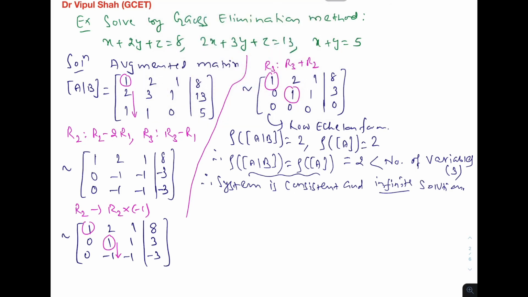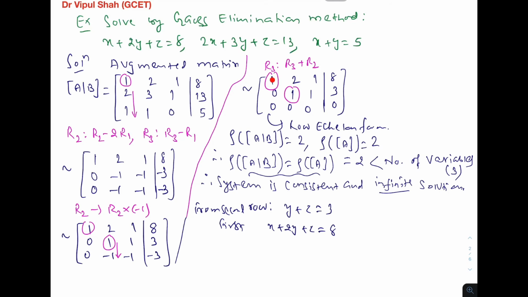Now from the last row that is 0, but from the second row, that is y plus z equal to 3, and from the first row it is x plus 2y plus z equal to 8.